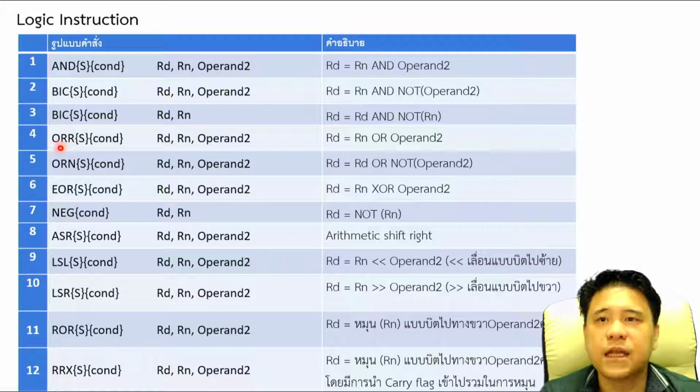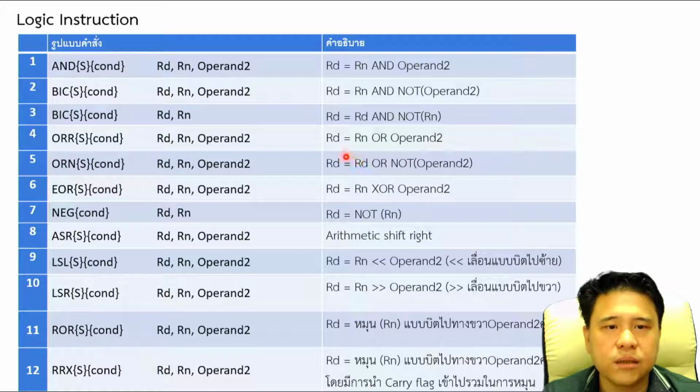Okay. For the next one, ORR. In this one, it means that RD equal to Rn OR with operand 2. ORN. For the ORN, RD equal to Rn OR with NOT operand 2.